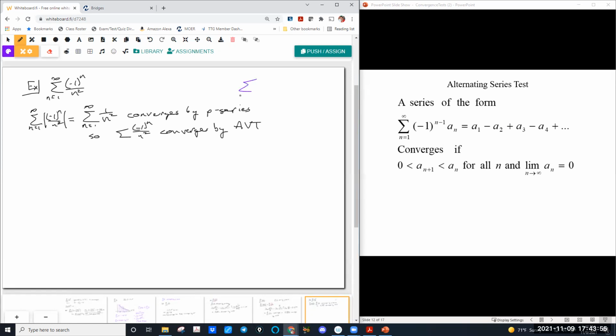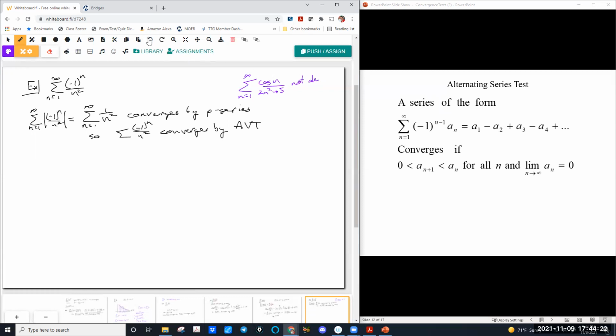The sum from 1 to infinity of cosine of n over, I think it was 2n squared plus 5. This doesn't change sign every single time because cosine of n isn't going to go through a bunch of integers. So this one is not alternating.